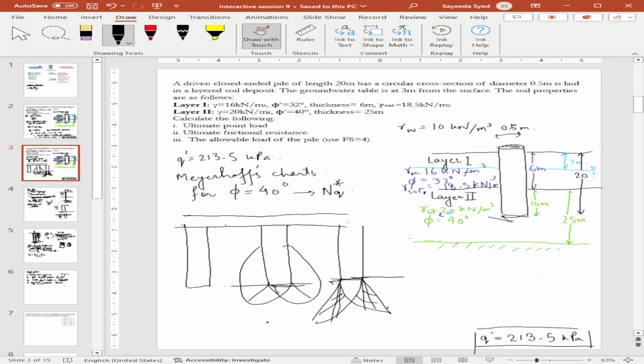NQ from the graph that Meyerhoff has given is 346.